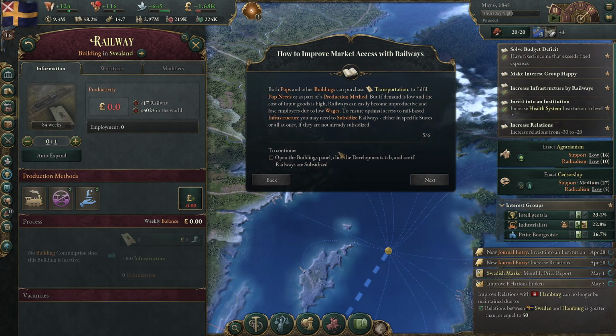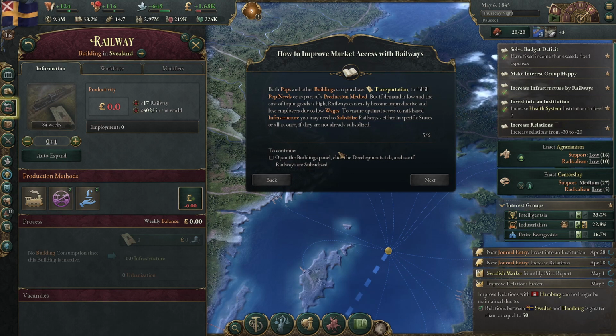Both POPs and other buildings can purchase transportation to fulfill POP needs as part of the production method, but if demand is low and the cost of input goods is high, railways can easily become unproductive and lose employees due to low wages. To ensure optimal access for rail-based infrastructure, you will need to subsidize railways. Open the railways button, click the development, open the buildings panel.